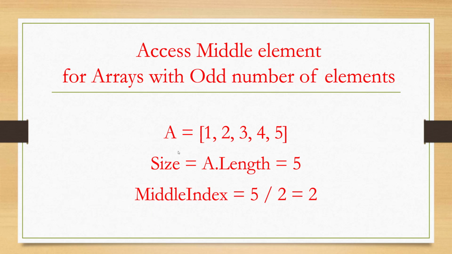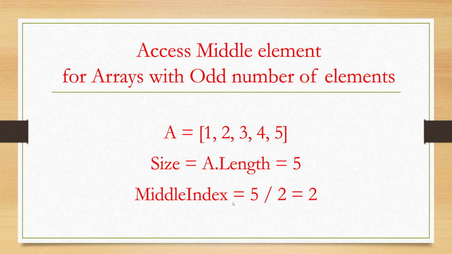So I'm going to make this clear that if you're adding the elements in an array, and the array has an odd number of elements, you need to account for the middle element. And how do you do that? Well, let's say we have the array A with 5 elements like we did, and what we need to do is we grab the size of the array. So if our array was A, we get A.length, and that's going to equal 5.